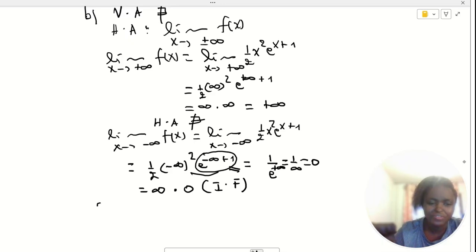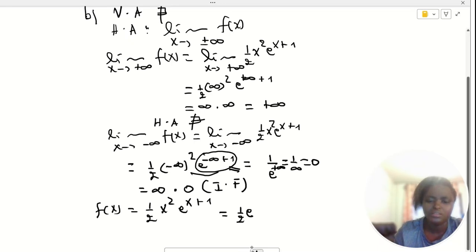We have f of x equal to 1 over 2 x squared e power x plus 1. This can be written as 1 over 2 e, from this one, e power 1, it's e, then times x squared and times e power x.